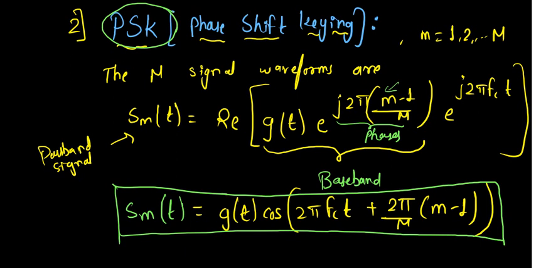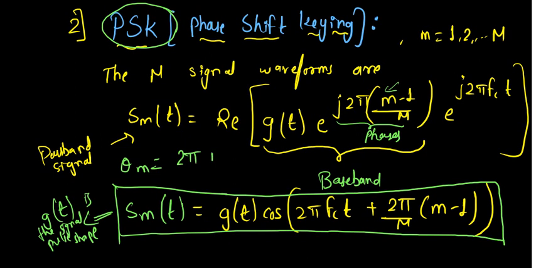So this is the representation of the PSK signal in passband, and we know what g of t is. g of t here is the signal pulse, or the pulse shaping filter that we have in our digital communication system. And theta_m, with argument small m, is given by 2 pi by capital M into (m minus 1).